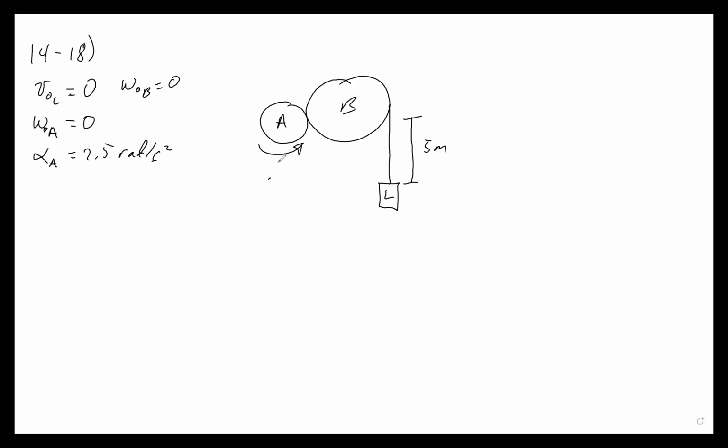Okay, so what other things do we know? Well, in the diagram, they showed us that the radius of gear A is 0.17 meters, and then the radius of B is 0.3 meters.